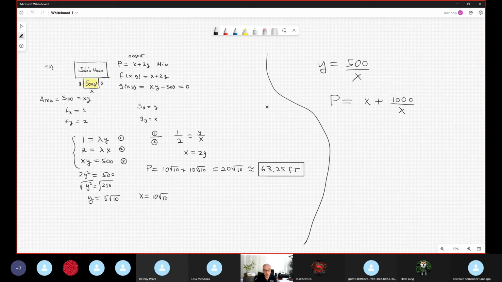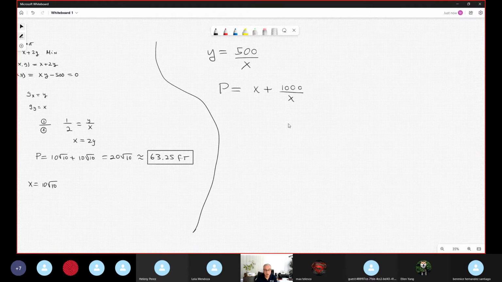So the thing I did was take the constraint, isolate y, and plug it in here, 500 multiplied by 2 is 1000, and you apply Cal 1, dP/dx, not partial, ordinary.